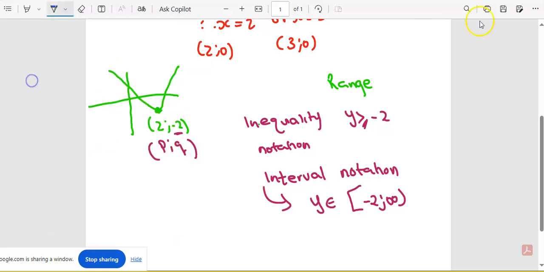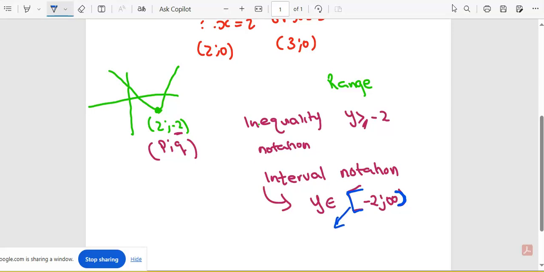Okay, but now I think you can see the difference between a square bracket and the open bracket, the small one. The square bracket indicates that this value, the negative 2, is included in the notation. You understand?